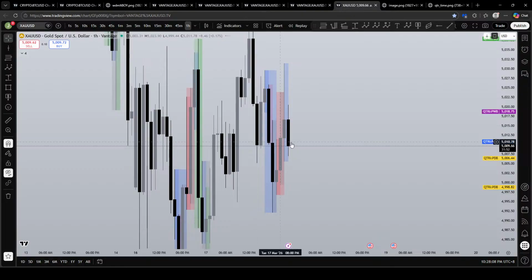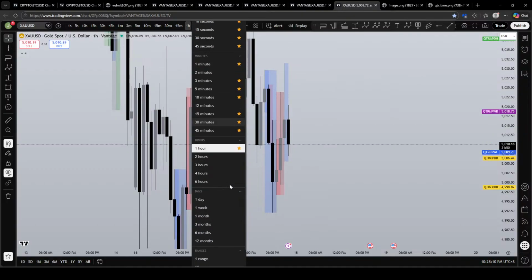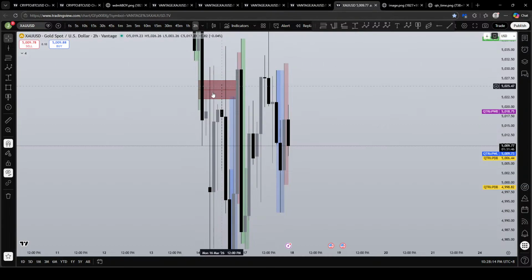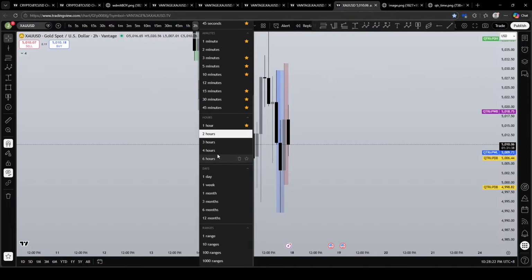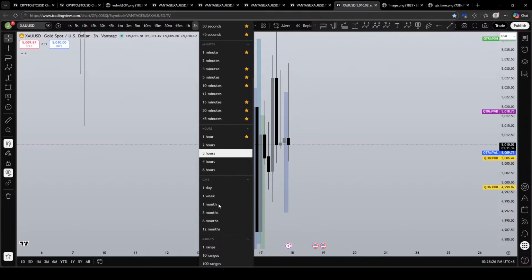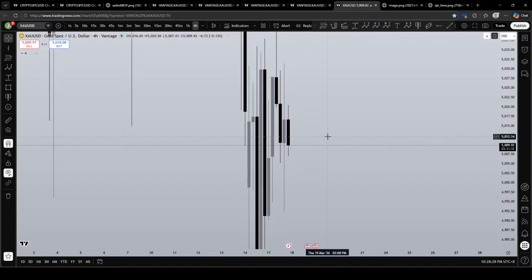At 1 hour time frame, there's none. 2 hours, there's none. There was a bearish implied fair value gap, but it was body broken. That means invalid. 3 hours time frame, there's none. 4 hours time frame, there's none.